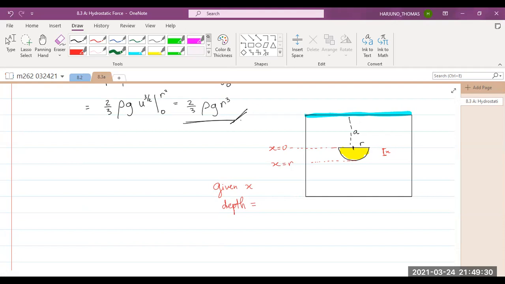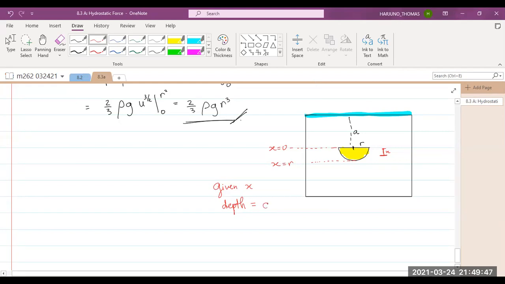How deep is the position x here? a plus x, that's right.